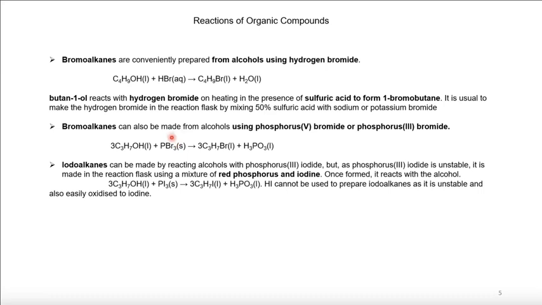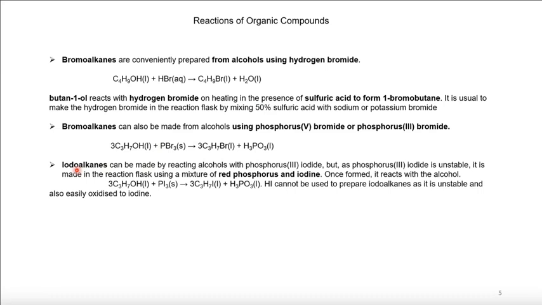In that case, we use phosphorus 5 bromide or phosphorus 3 bromide. With phosphorus 3 bromide, we have alcohol and then phosphorus 3 bromide solid, and then we get bromoalkanes and phosphoric acid.